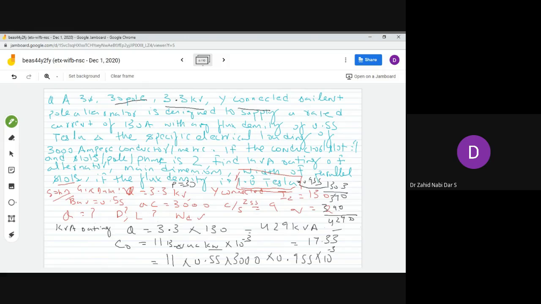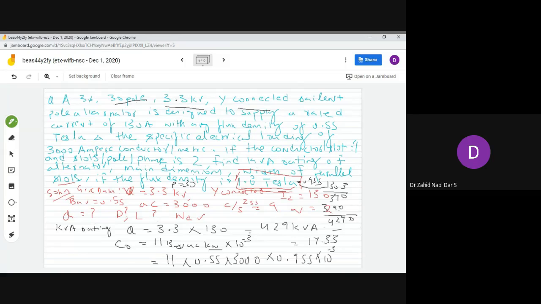So width of the slot would depend upon two factors. Number one thing that we calculated over there was the ratio, that is your WSS. The WSS that we calculated was pi D by stator slots. That is called slot pitch.